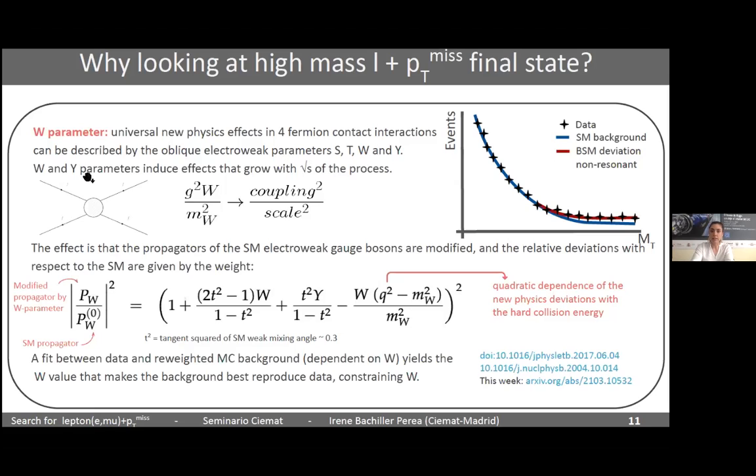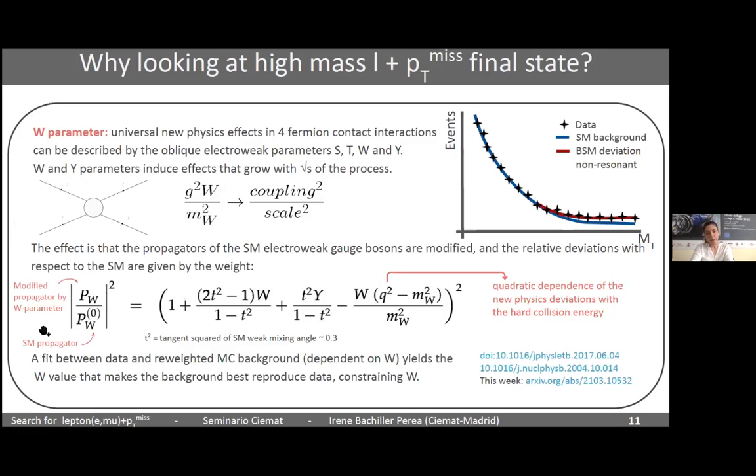This effect can be described by the oblique electroweak parameters S, T, W, and Y. And we will see in particular how the W oblique parameter induces an effect that grows with the square root of S. And this effect is shown in the propagator of the standard model.